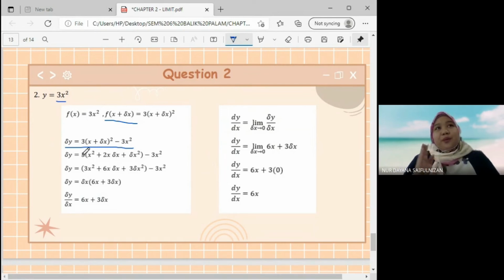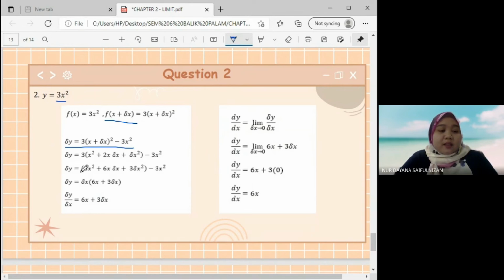I prefer to do step by step. If you are not clear, you are afraid of being careless, so you have to do step by step. So we expand it again, and we get 3x squared plus 6x delta x plus 3 delta x squared minus 3x squared.